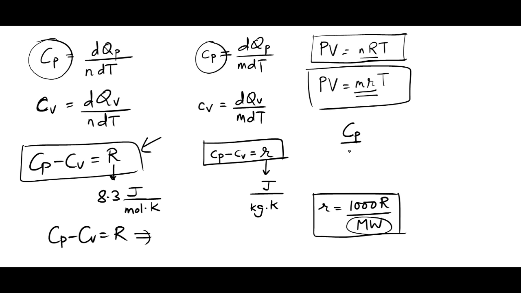So capital Cp divided by small Cp is equal to the dqp and dt terms will cancel, and what I get is the mass of the gas in kilograms divided by the number of moles, which is nothing but the mass of the gas in kilograms divided by n, where n is the mass of the gas in grams divided by the molecular weight.